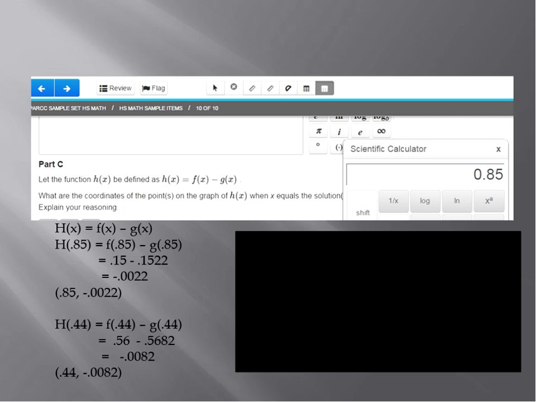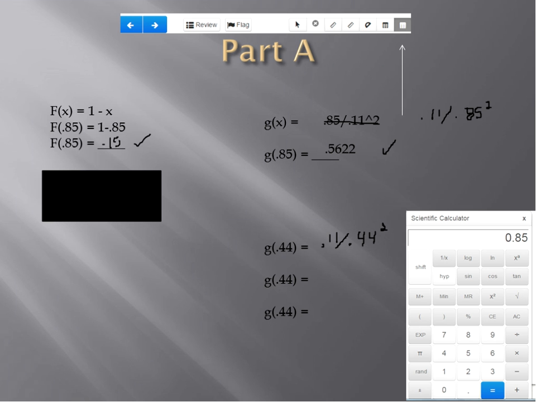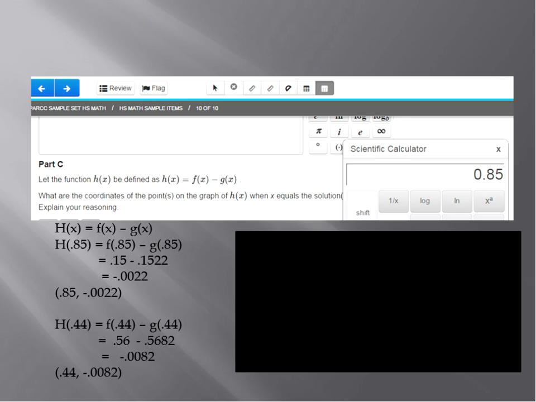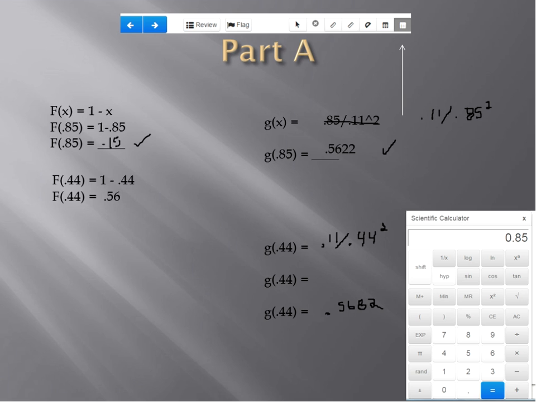So now, if you think of what both of these values mean, we have 0.5682 here, and we have 0.56 here. So you remember, f of x and g of x share this point.